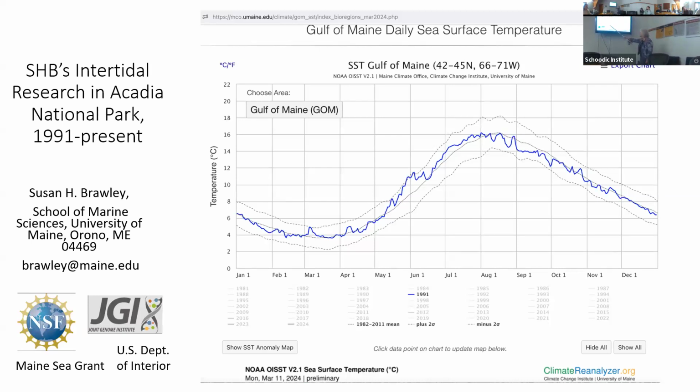You can go in and from 1981 until right now, today, you can bring up sea surface temperatures. And you can do it in centigrade or Fahrenheit. You'll see centigrade on my stuff. And you can change the box here to reflect smaller regions. So it's very handy. And Sean Birkel, our state climatologist, is in the Climate Change Institute, is really great.